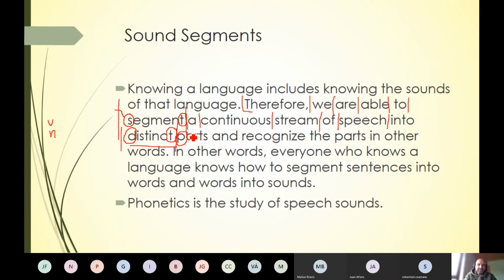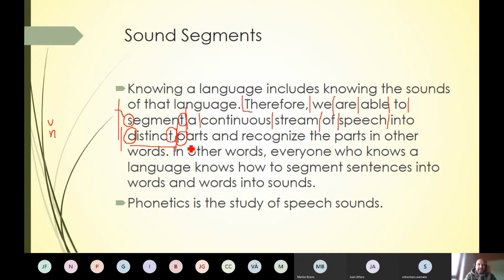But it belongs to this new word. Okay, so that is sound segmentation, is the ability to divide a continuous string or stream of sounds into words, right?